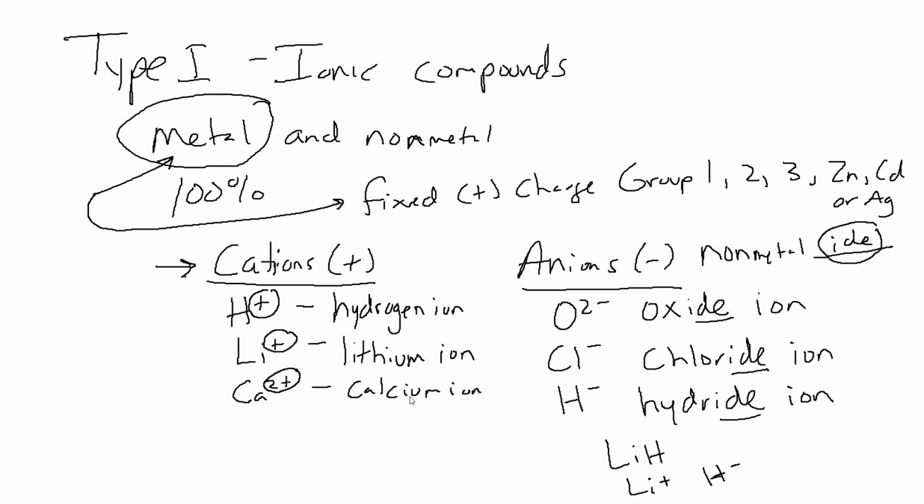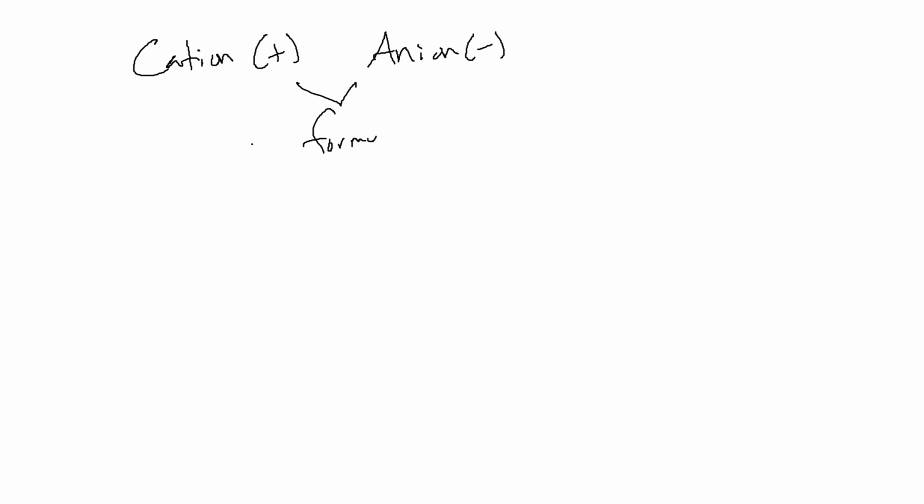That makes that up. Speaking of formulas for ionic compounds, whenever you take a cation that's positive and put it together with an anion that is negative to make an ionic compound formula, the formula should have no charge.